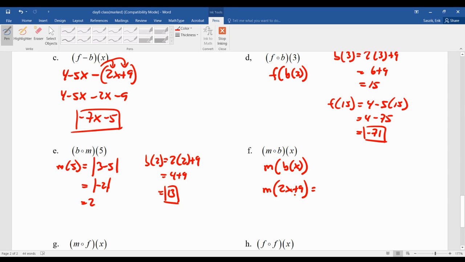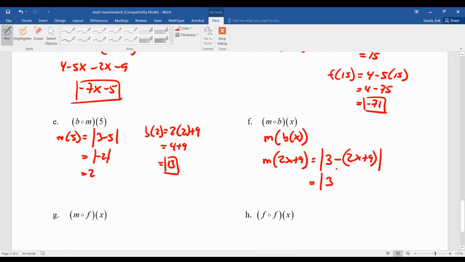So now in the m function, wherever the x is, I'm going to replace the x with 2x plus 9. So be careful though, watch. M function is absolute value of 3 minus x, but we're replacing this for x. 2x plus, oh wait, I need parentheses there because it's subtracting that quantity.